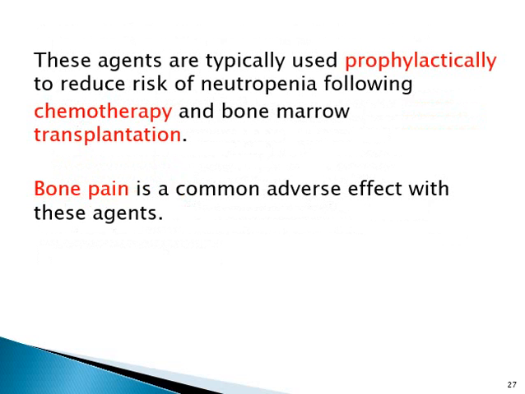These agents are typically used prophylactically to reduce the risk of neutropenia following use of chemotherapy drugs and bone marrow transplantation. Bone pain is a common adverse effect with these agents.